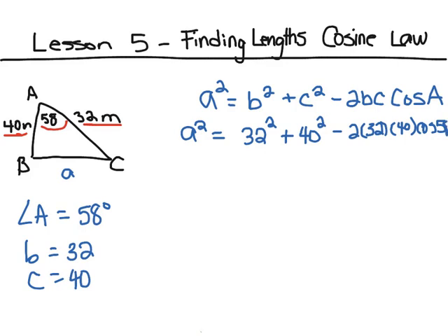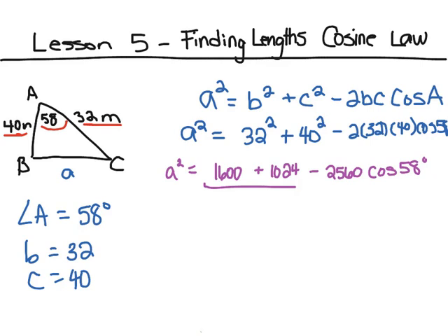I don't have enough room. So we're going to simplify. 32 squared is 1024. 40 squared is 1600. And 2 times 32 times 40 is 2560 cos of 58 degrees. Now we're going to combine these two.